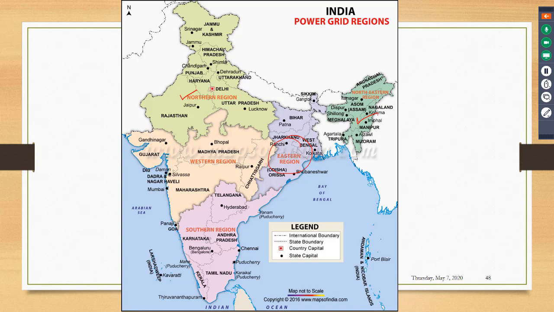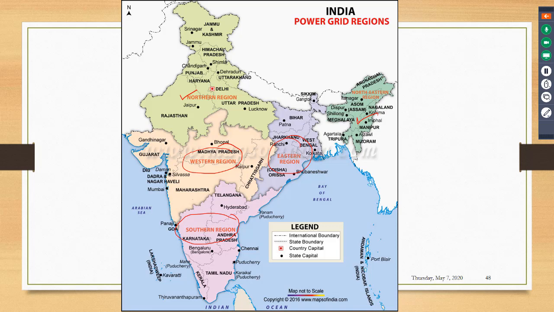Then we have the western regional grid here, consisting of Madhya Pradesh, Maharashtra, Chhattisgarh, Gujarat. Then we have the southern regional grid, consisting of all the southern states: Telangana, Andhra Pradesh, Tamil Nadu, Kerala and Karnataka.